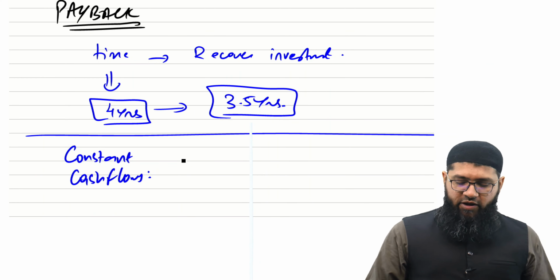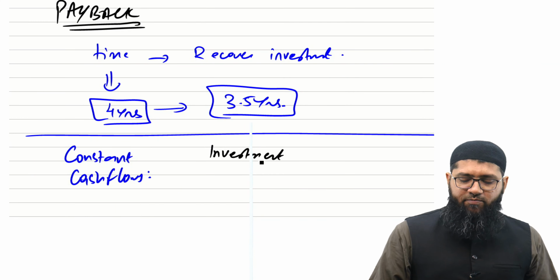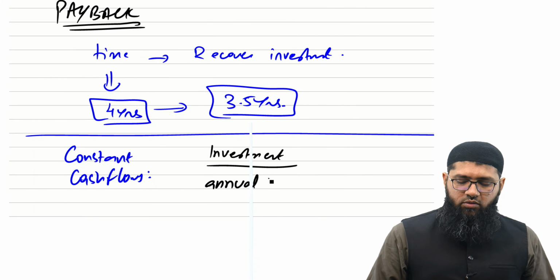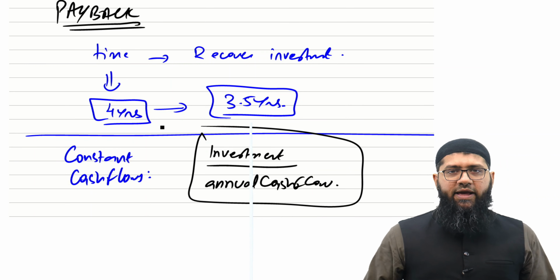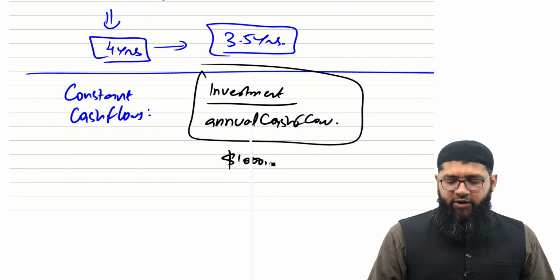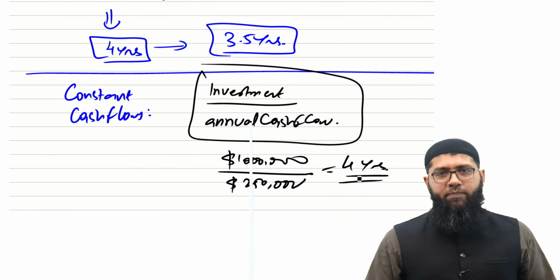Simple, all you have to do is take the investment amount divided by the annual cash flow, and you will end up getting the payback. Like if you have a $1 million investment and the annual cash flow is 250,000, then 4 years is going to be your payback.